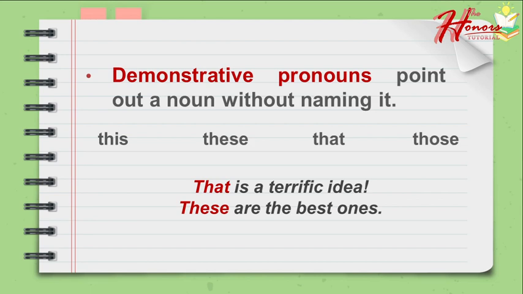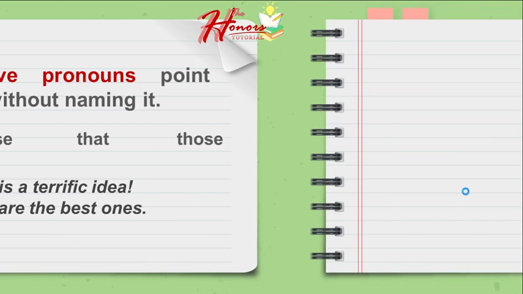If you are referring to something that is singular, you can use this and that. But if it is plural, you need to use these and those, just like in this example. Since that is singular, you need to use a singular verb. And these are plural, so you need to use are as your plural verb. Do you get it?